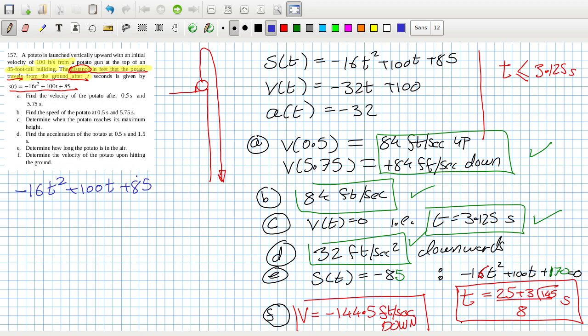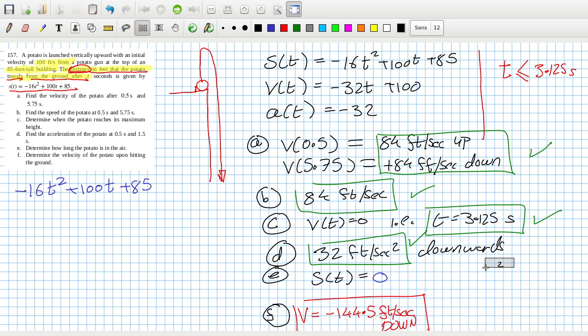Oh, from the ground. So it's not equal to 85. It's equal to 0. Again, another silly mistake. Oh dear. What's wrong with me today? Just not having a good day. Okay, that should equal 0.